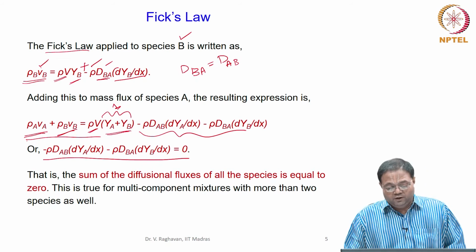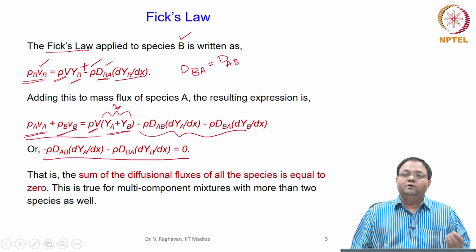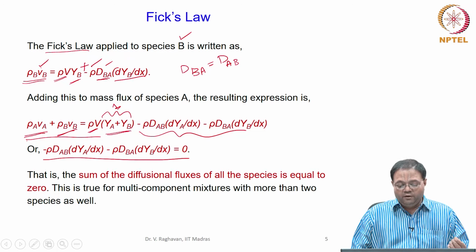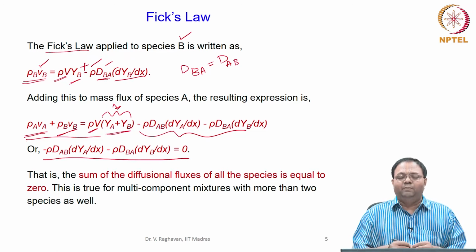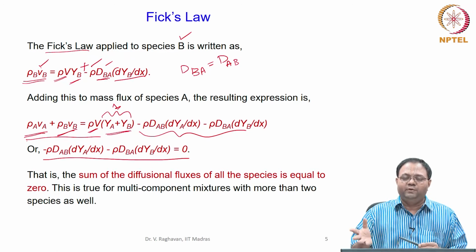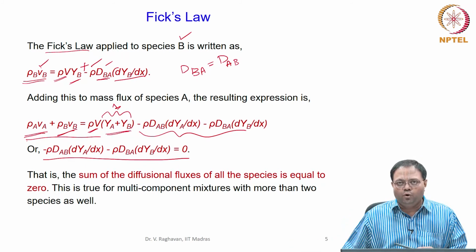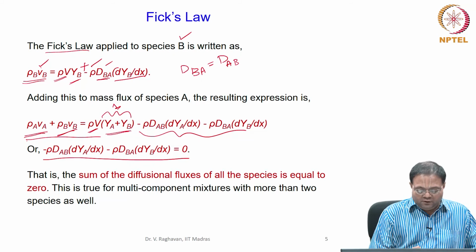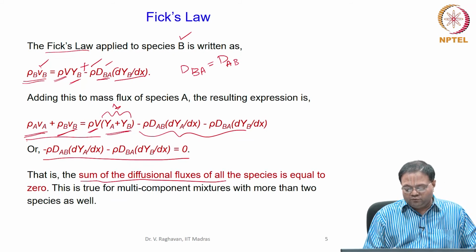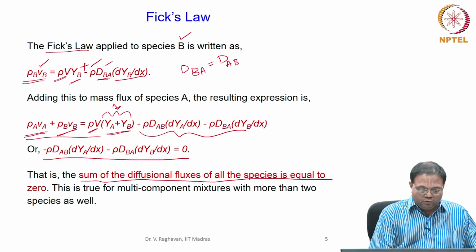That means the diffusion flux of A plus the diffusion flux of B. In a binary mixture there are two species A and B. The diffusion flux of A plus the diffusion flux of B is equal to 0, or we can say that the sum of diffusional fluxes of all the species is equal to 0.